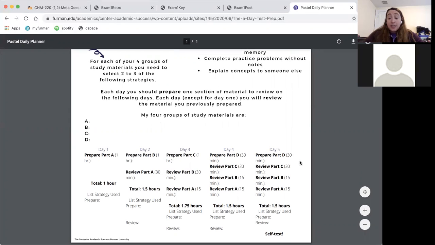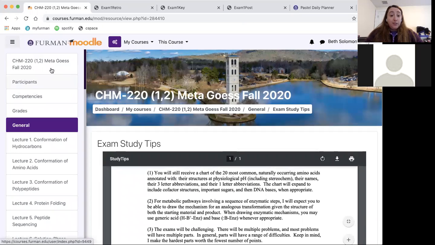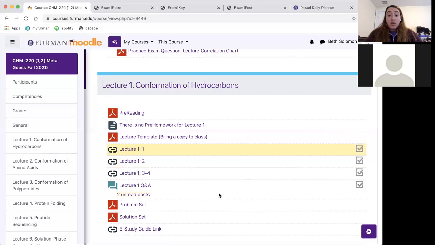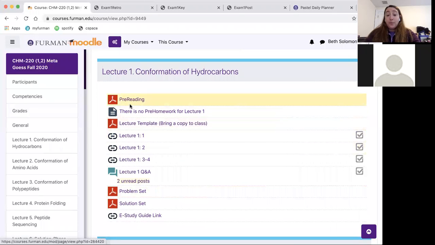The other thing I would say is that using our study cycle is extremely helpful, because you spend time preparing before you go to class. Before you go to class, you should look at your pre-reading, since there's pre-reading for every single class, and pre-homework. So before I go to lecture 1, I'm going to do my pre-reading.